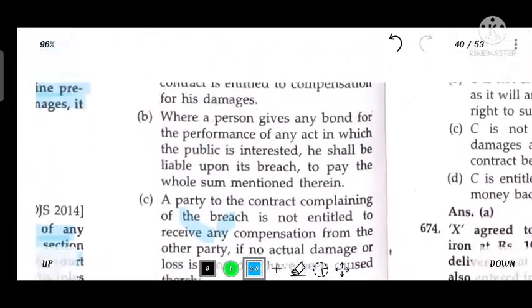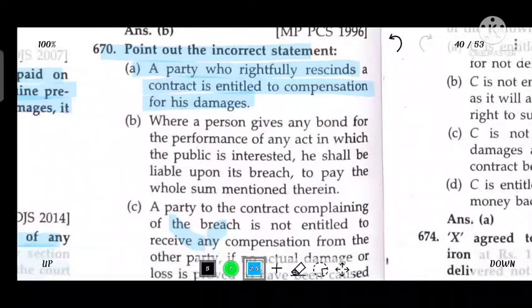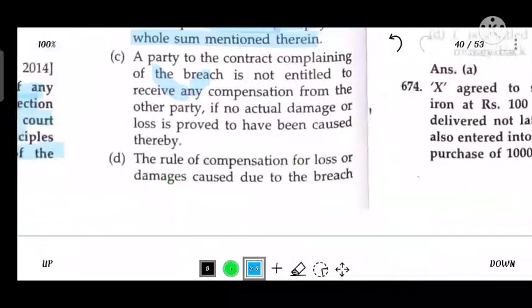Point out the incorrect statement. C is incorrect. Which are correct: a party who rightfully rescinds the contract is entitled to compensation for his damage. When a person gives any bond for the performance of any act in which the public is interested, he shall be liable upon its breach to pay the whole sum mentioned therein.